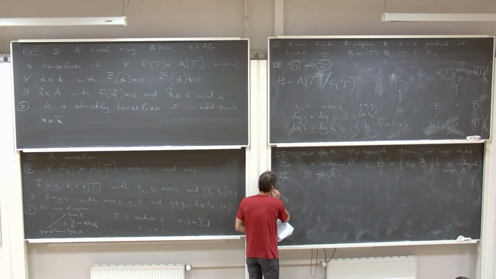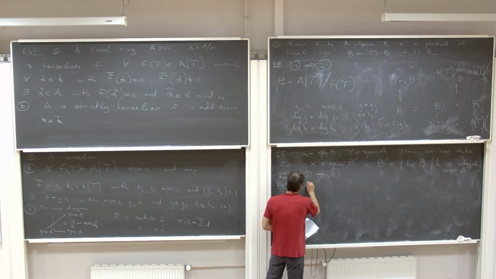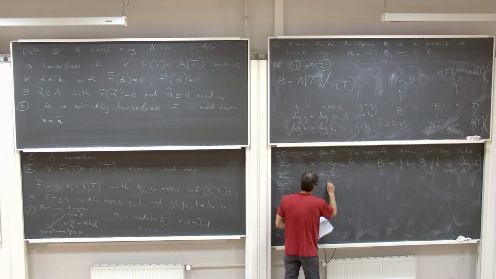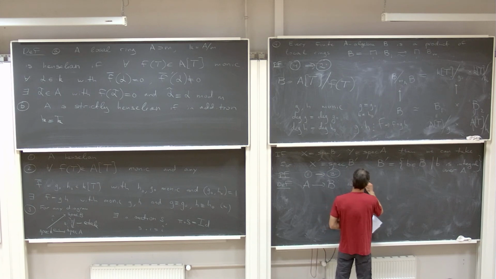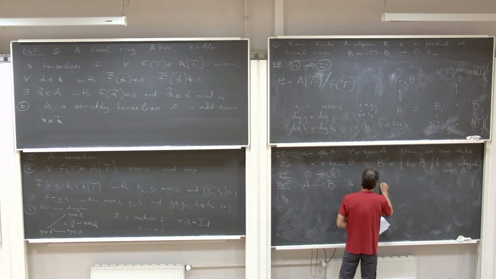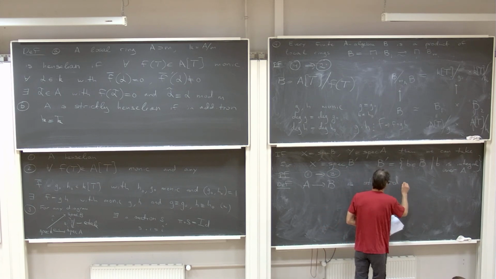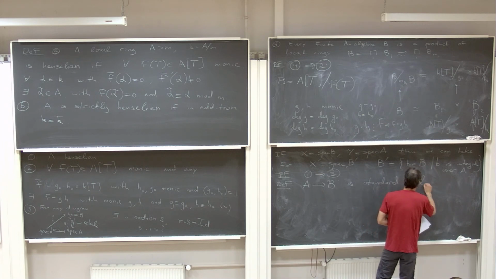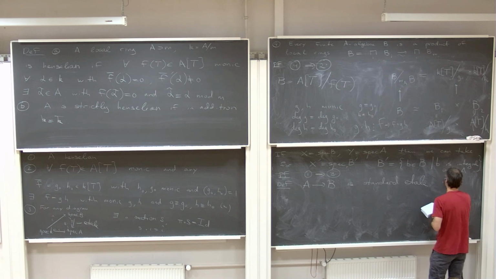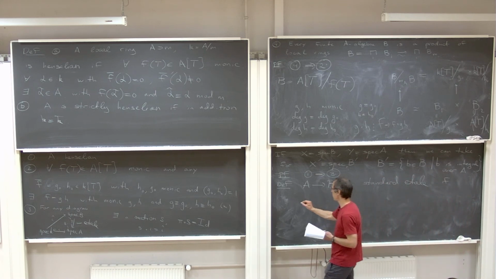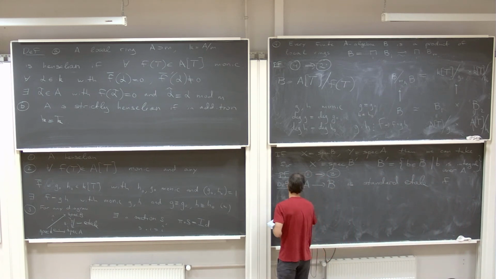So here is the structure theorem. I need a definition. Let's say that a map of rings from A to B is standard étale if B is of the following form.